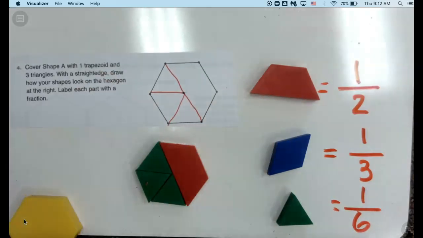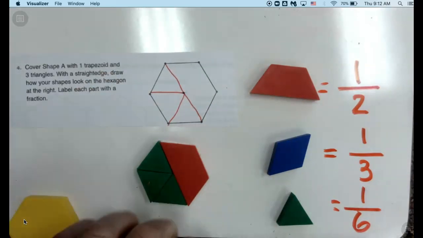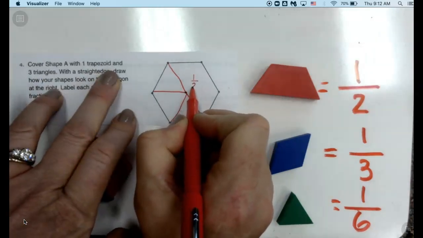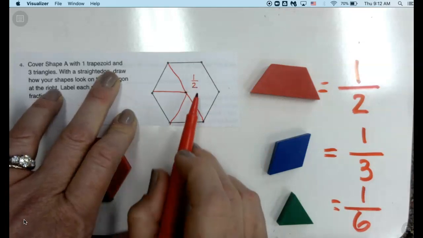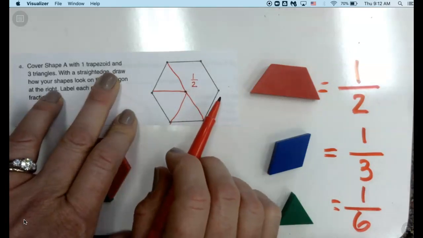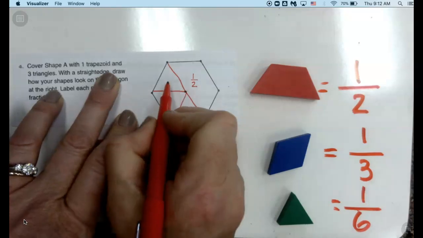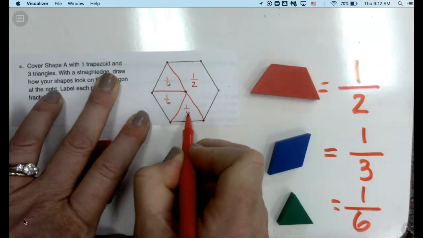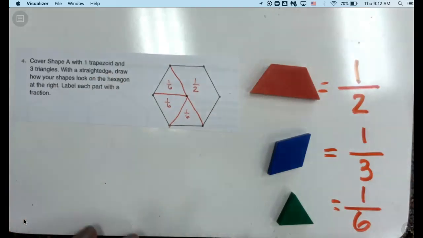You can see now that this looks like the shape that I created. Now we're going to say what each piece is worth. So label each piece. A trapezoid is worth 1/2, and then our triangle is worth 1/6. So we've labeled them.